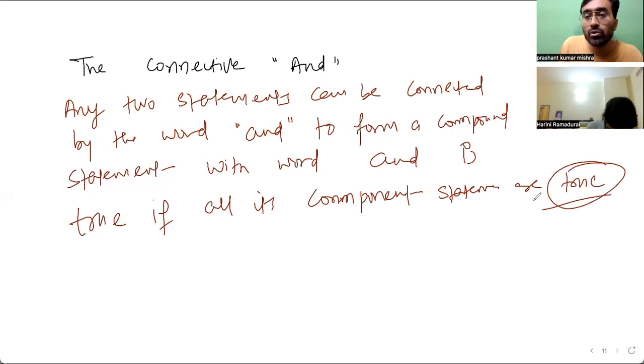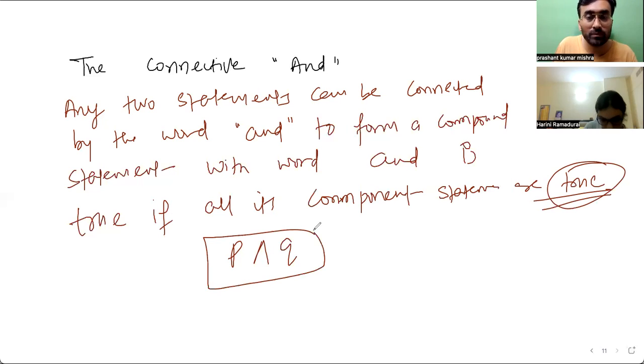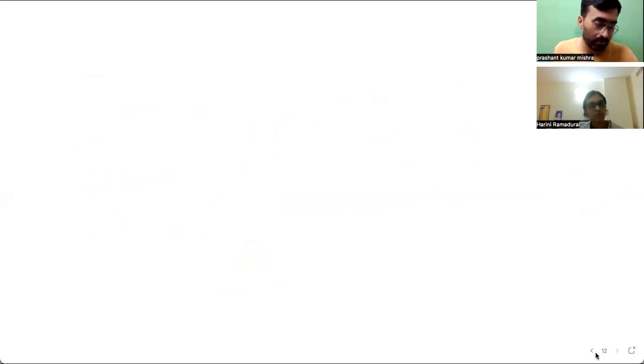It can be true only if both the statements are true, and in all other cases it will be false. It is shown by P and Q. So it is only true if both statements are true, and in all other conditions it is false.